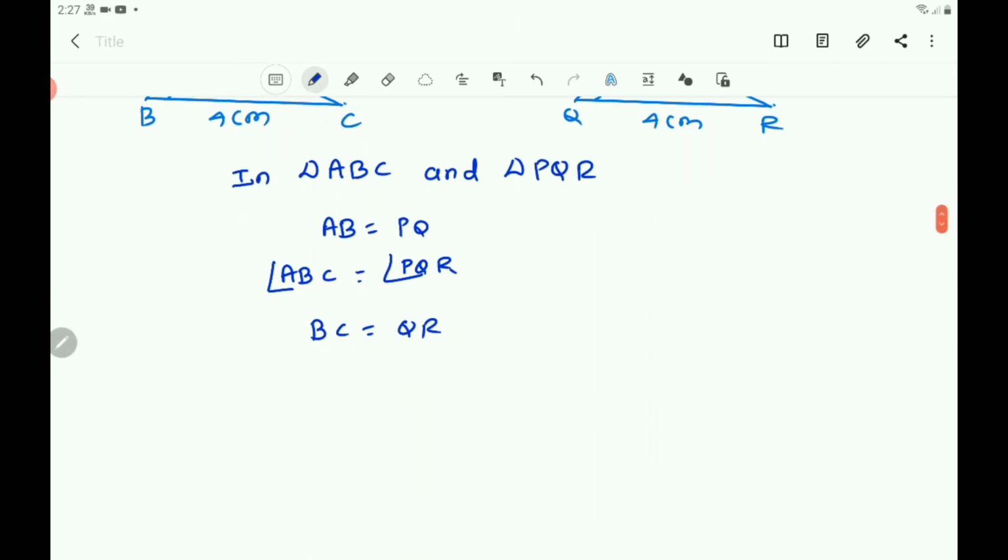Therefore triangle ABC is congruent to triangle PQR. The congruence rule is SAS congruence rule.